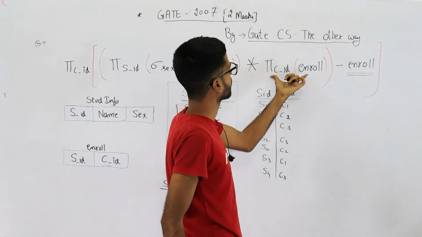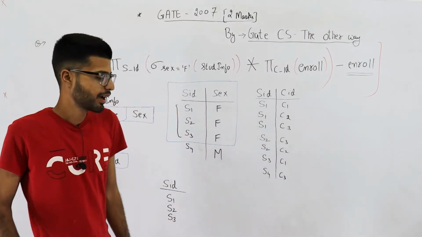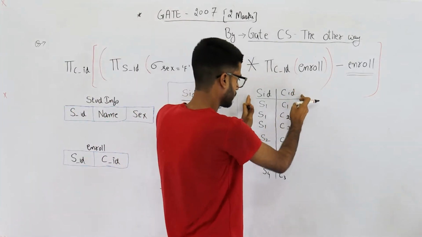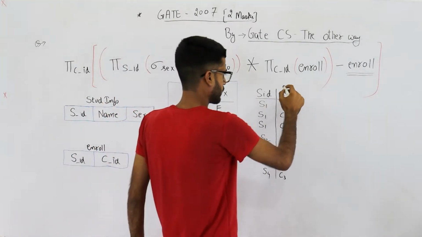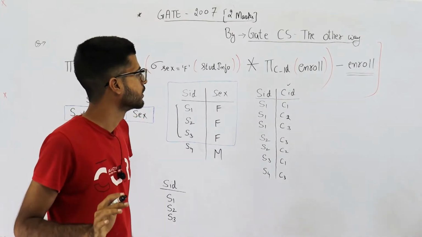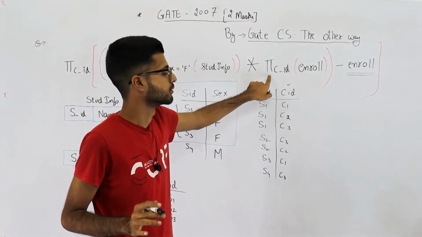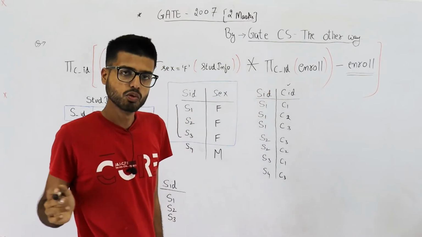Let's focus here. It's saying project course IDs from the table enroll. That means from this table, you pick all the course IDs. That means this column. Now, you must keep in mind that the projection operator will remove duplicates.